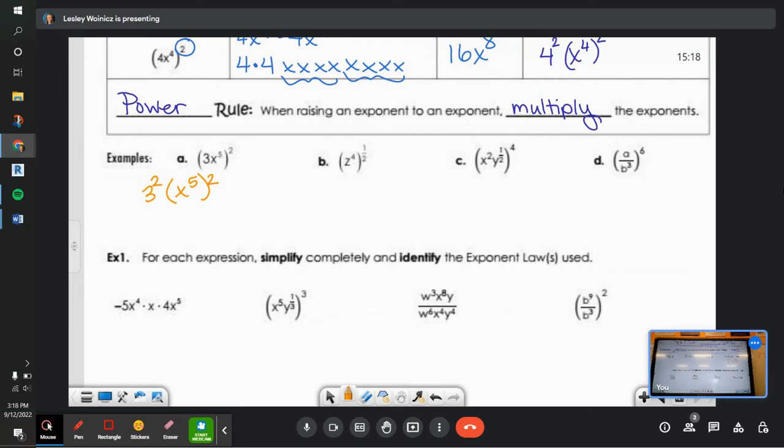What is 3 times 3? Don't say 6. 9. Okay. So what do I do with the 5 and the 2 here? We do what? Multiply. 5 times 2 is 10, and we're done.